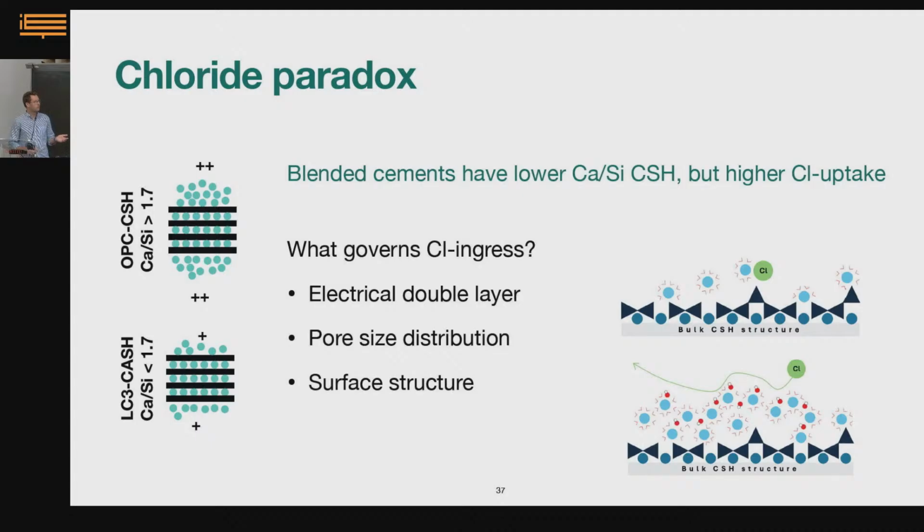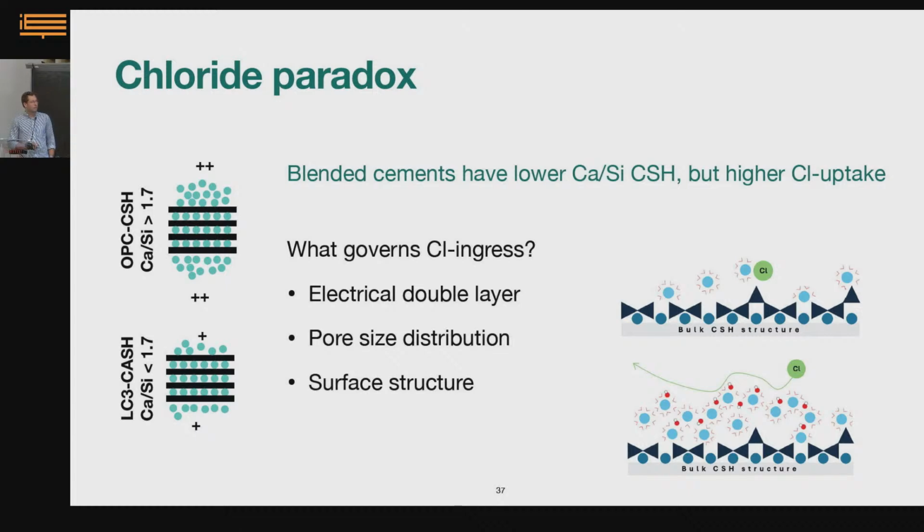In OPC, we expect CSH with a high calcium silicon ratio, which by what we are seeing should have a lot of calcium on the surface, so highly positive surfaces. But in LC3 cements and those, the calcium silicon ratio of CSH is lower, so there should be less calcium on the surface, and the surface should be less positive.